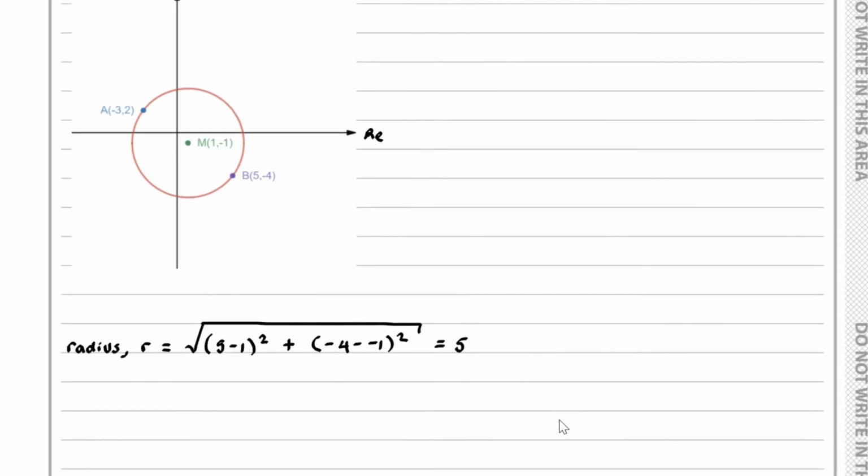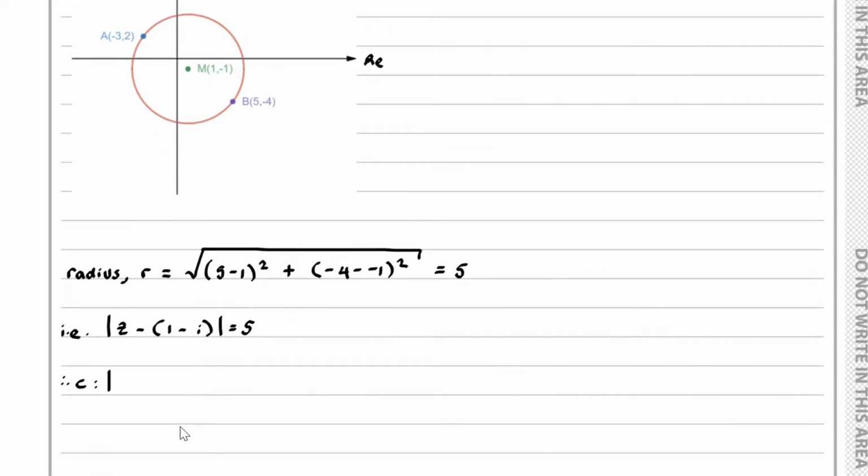So what we can say from this is we've got the modulus of z minus (1 minus i) equaling 5, and therefore the circle C can be represented by the modulus of z minus 1 plus i equals 5.